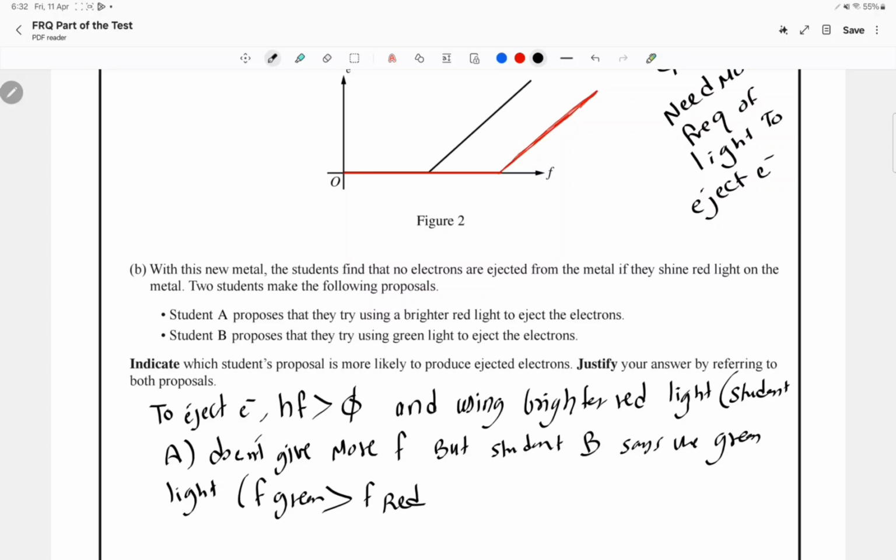How do we know that? Because red has more wavelength, because the wavelength of the green is less than the wavelength of the red.